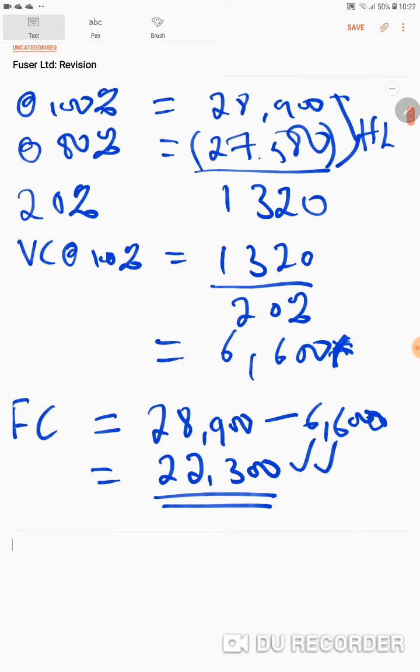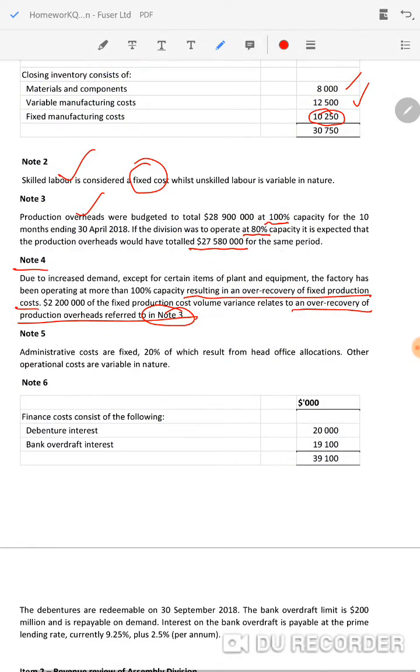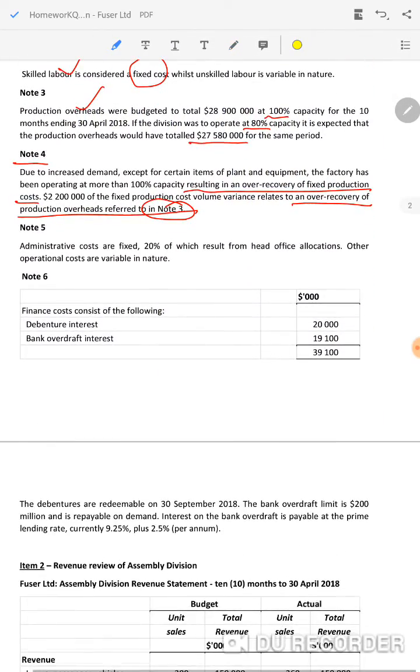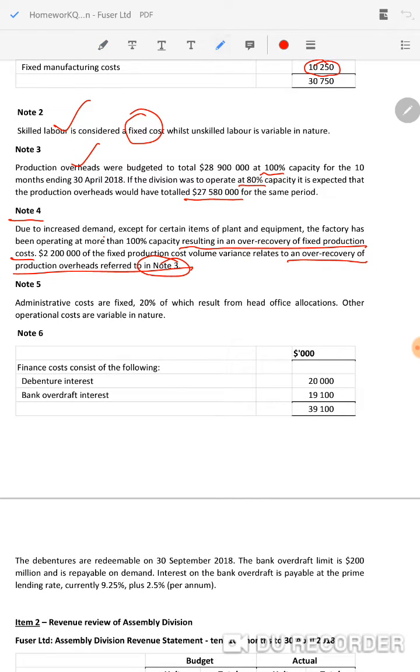So let me go back to the information in my case study. So if we go back to our note 4, we are told that due to increased demand, except for certain items of plant and equipment, the factory has been operating at more than 100%. So I know for certain that we did not operate at 100%. So I can't use the variable cost at 100% capacity.